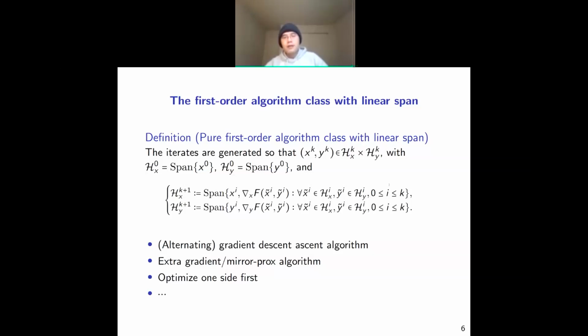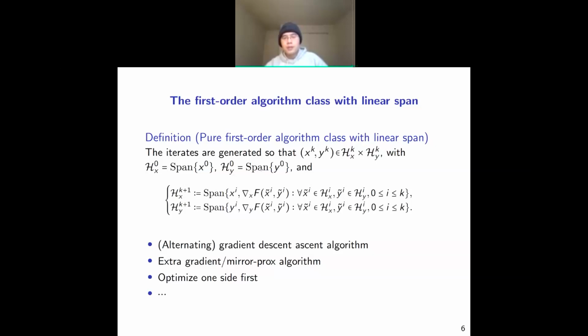So we say an algorithm belongs to this algorithm class if the iterations that are generated by this algorithm are lying in some subspaces. So this xk, yk are the k-th iterates generated by the algorithm, and these are the subspaces that it belongs to. And these subspaces are defined as follows.